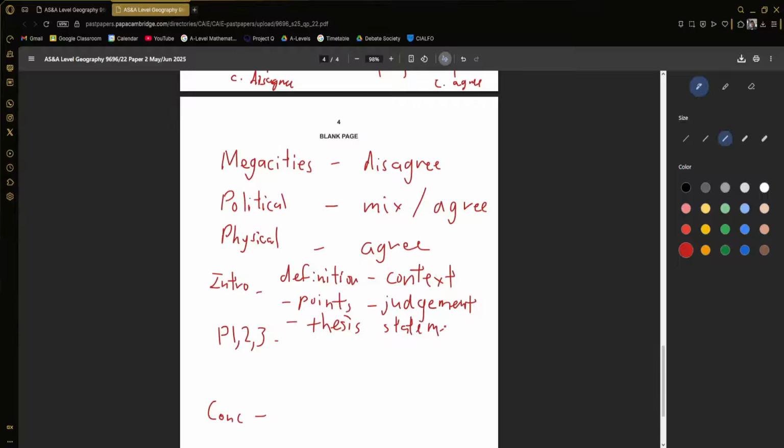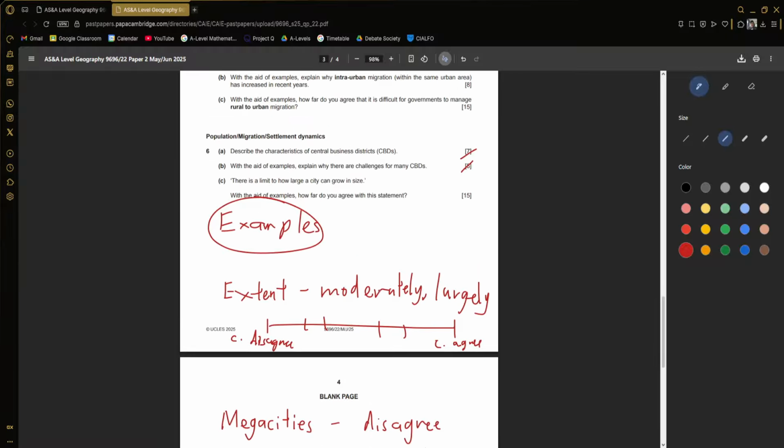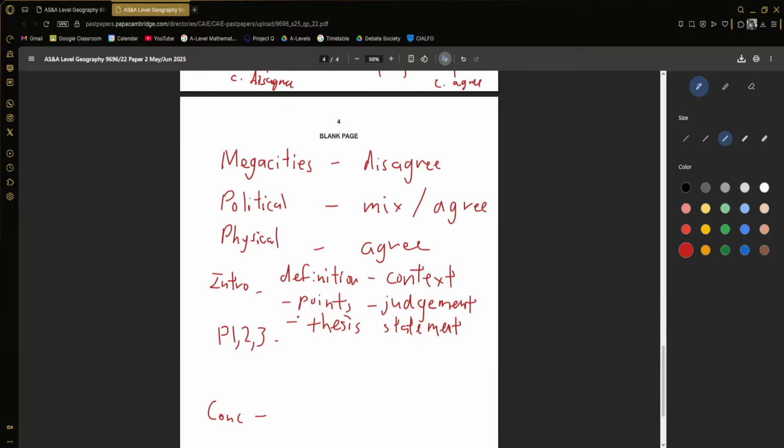So this is how you completely formulate an argument. Instead of just saying that I agree, you have to explain why you agree. And that thesis statement is something that links to all your paragraphs and your conclusion. It's the argument that you're trying to sustain and ultimately why you agree.